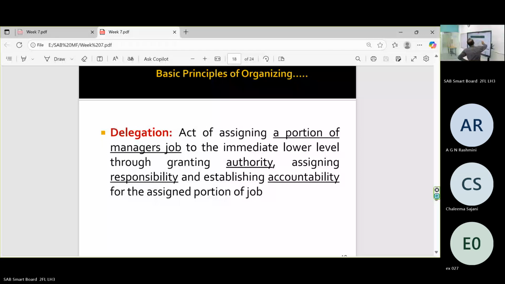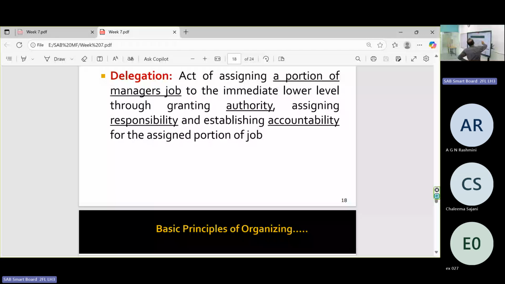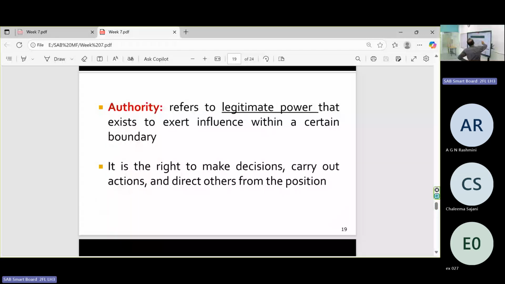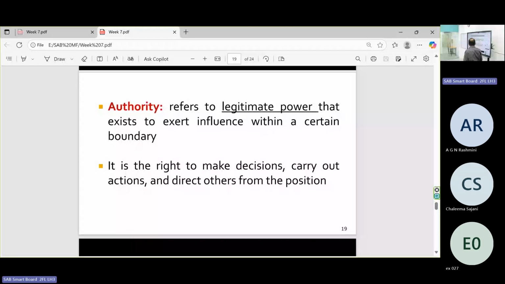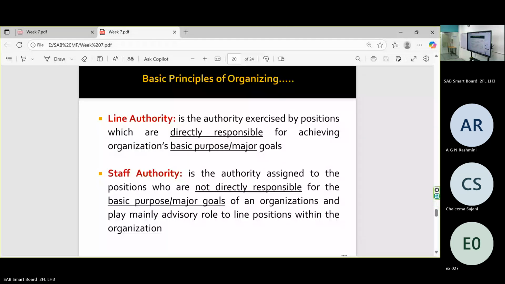Authority is the legitimate power or right to influence, make decisions and direct others based on the position. There are two types of authority positions: line authority and staff authority. Line authority positions directly contribute to the major goals. The others contribute indirectly to the main purpose, providing advice, service and expertise. But both are required for an organization. Accounting, finance, auditing and consulting are considered staff authority positions.